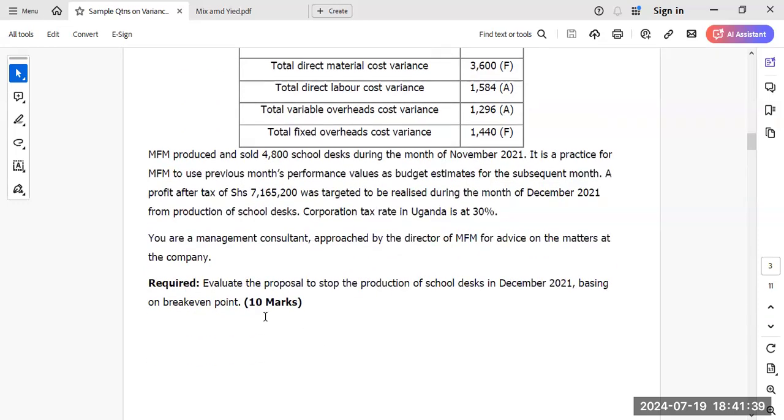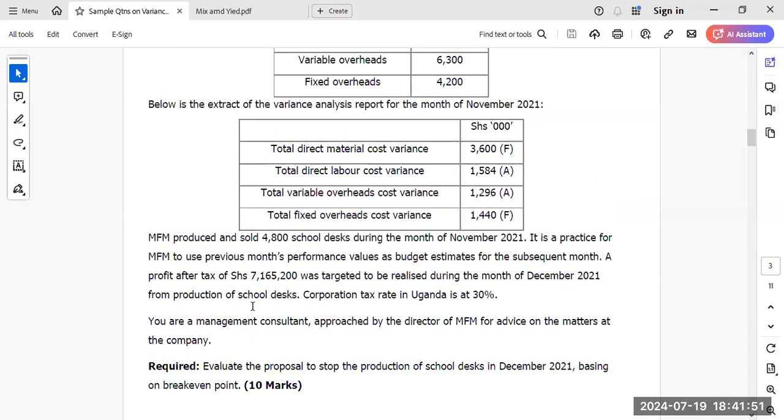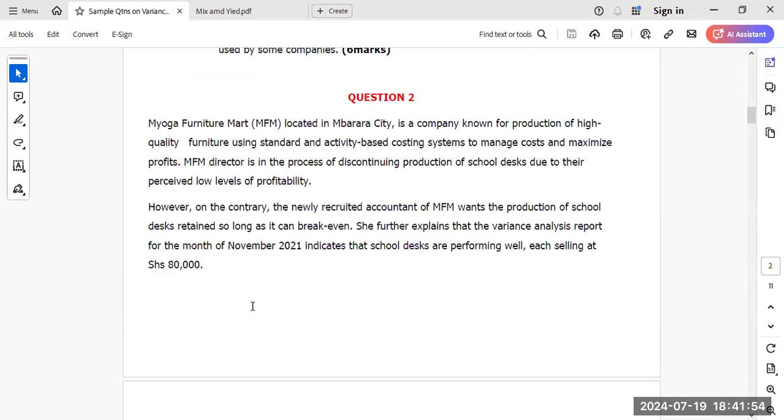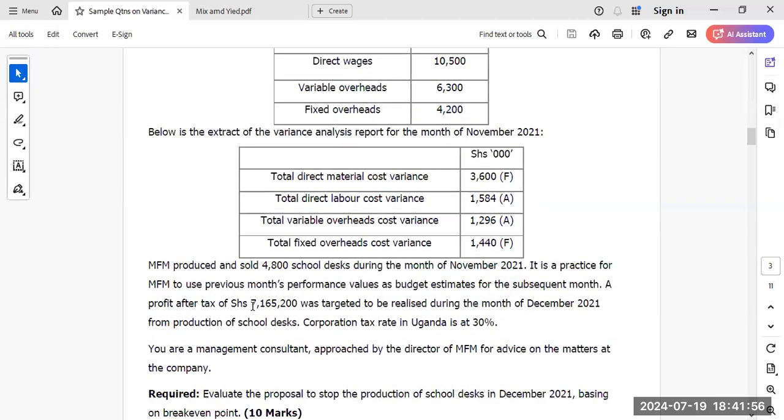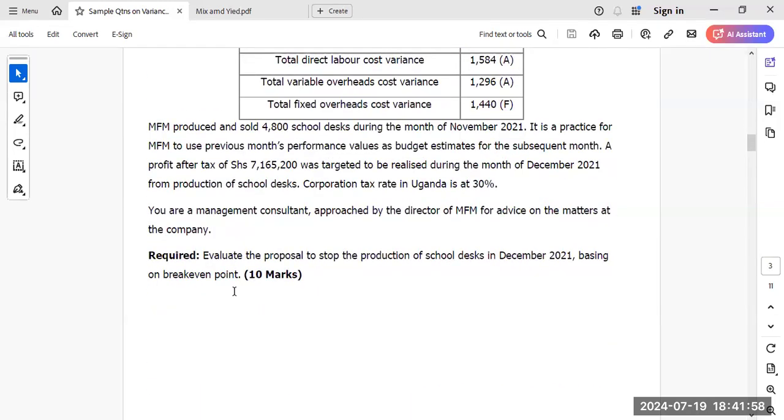This is a CVP question, but to answer it, you must be having knowledge about standard costing. So once you know the required part, the required part is telling you use break-even point.